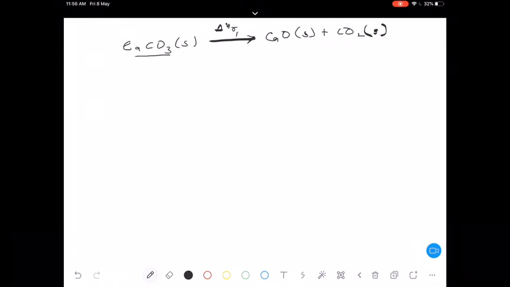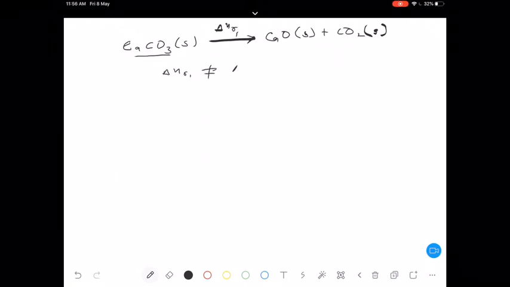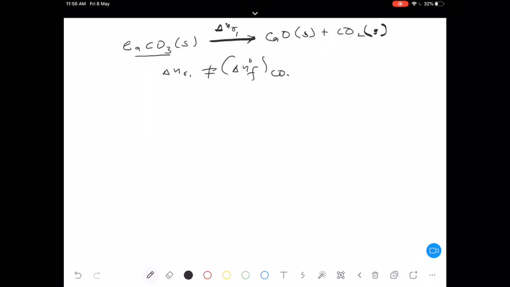So this delta HR1, I cannot write it as standard heat of formation of carbon dioxide. Is that clear?